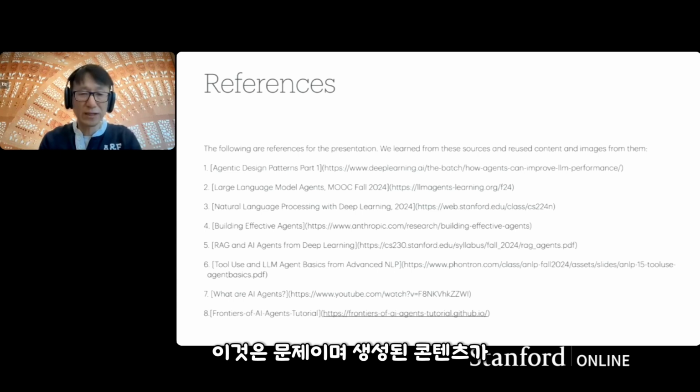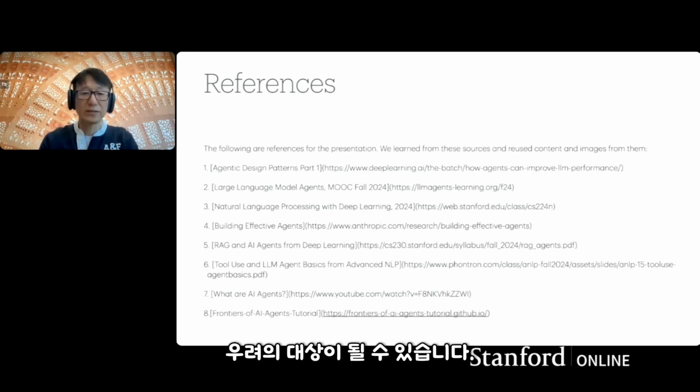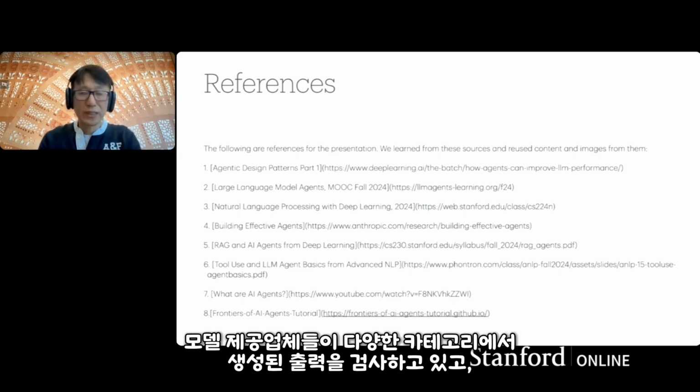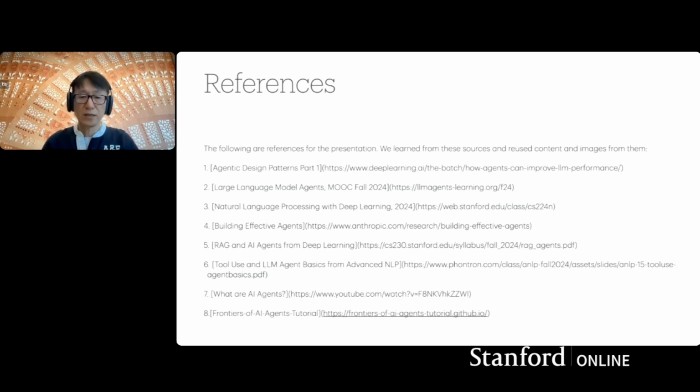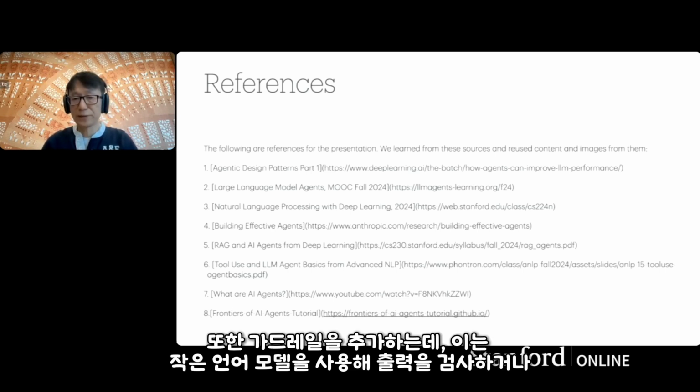So it's a problem, as well as the content output, which could be concerning. I think the model providers themselves check the generated output in terms of different categories, and you, as the application builder, can also add some guardrails.